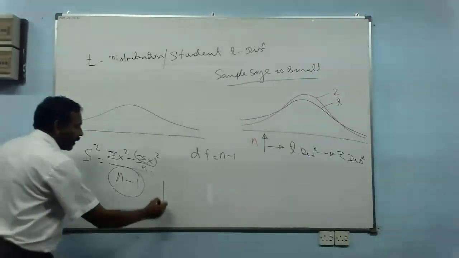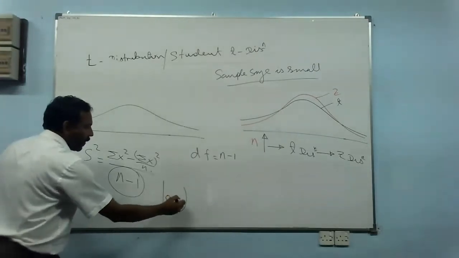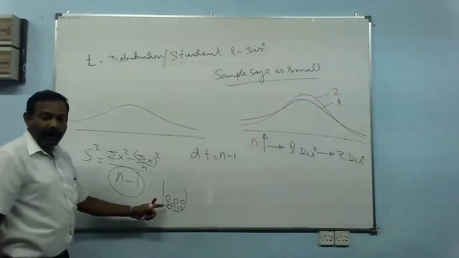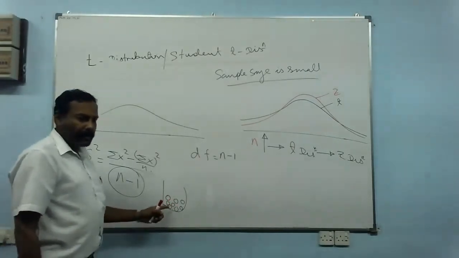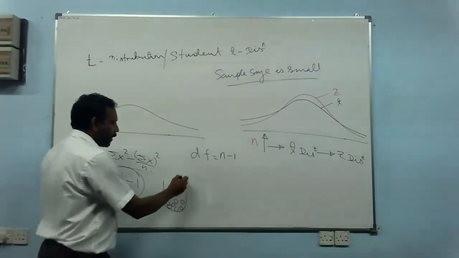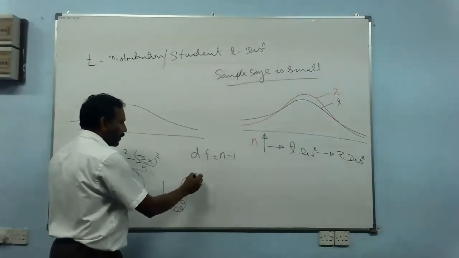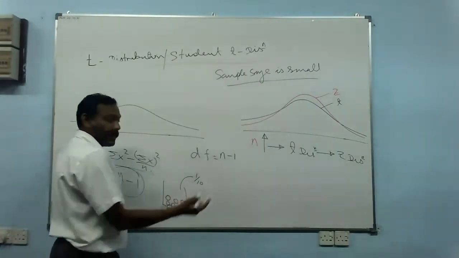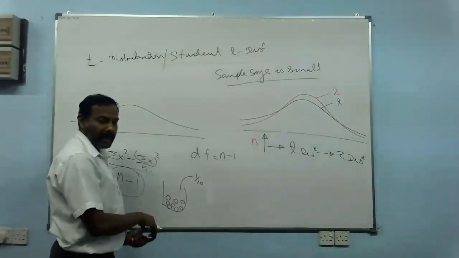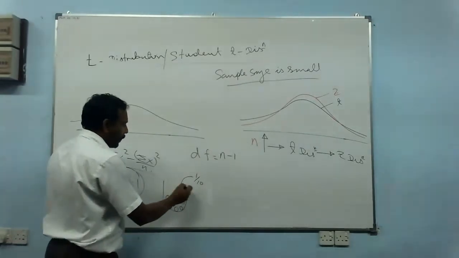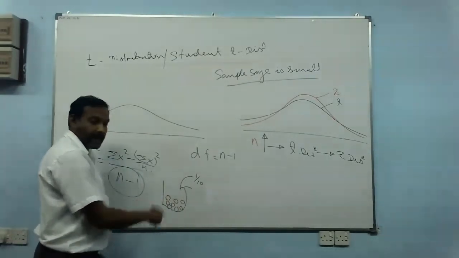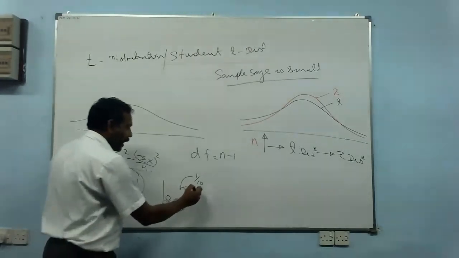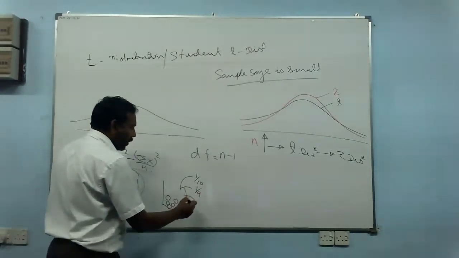I explained saying 10 different color balls are inside, take one by one. What is the chance of getting one ball? 1 over 10 at the first attempt. Second attempt, after taking one ball, 9 balls remaining, so the chance is 1 over 9, and so on.